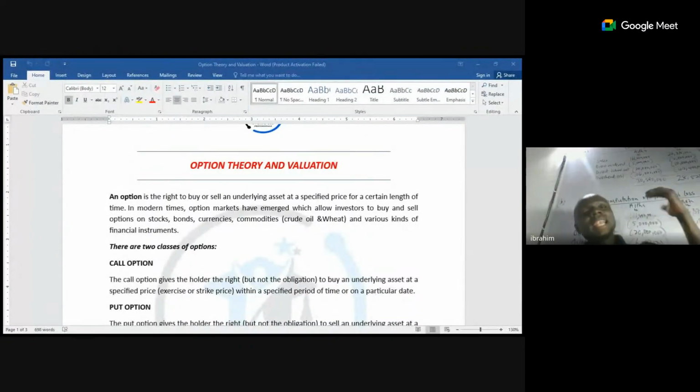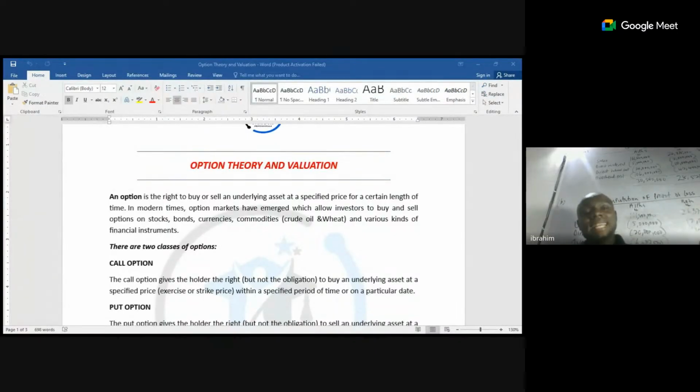The underlying asset could be stocks, bonds, currencies, commodities, and various kinds of financial instruments. That is an underlying asset, meaning that you have the right to buy and you have the right to sell an underlying asset.